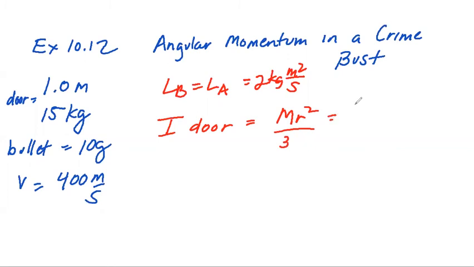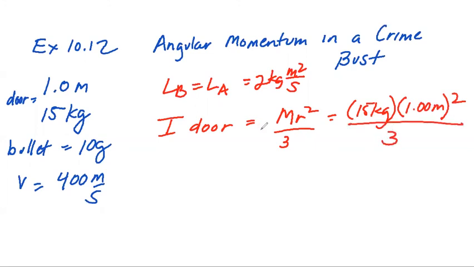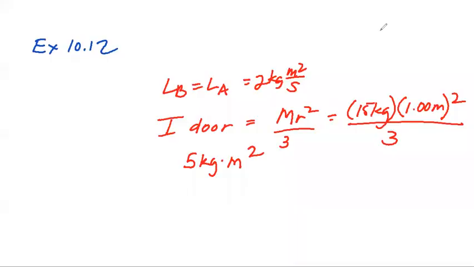That's 15 kg times (1.00 meter) squared divided by 3, and that's 5 kg meters squared. The moment of inertia of the bullet, we can just treat as a point mass on the door.